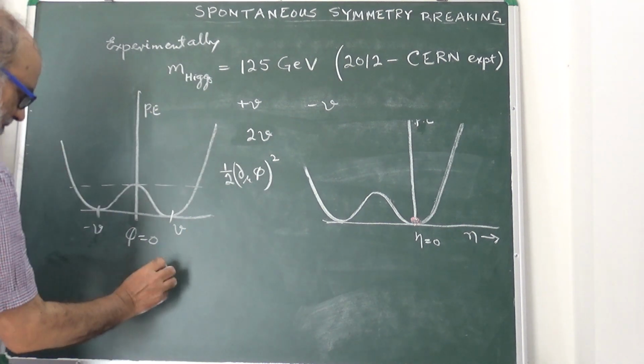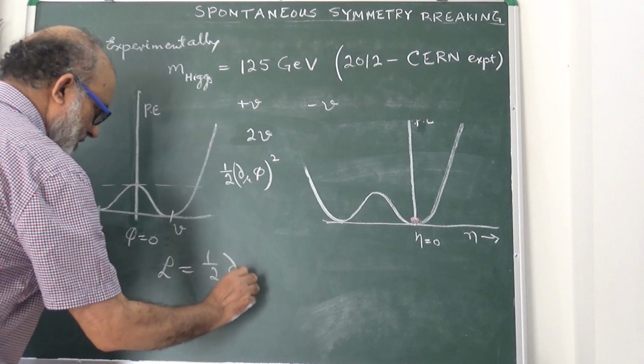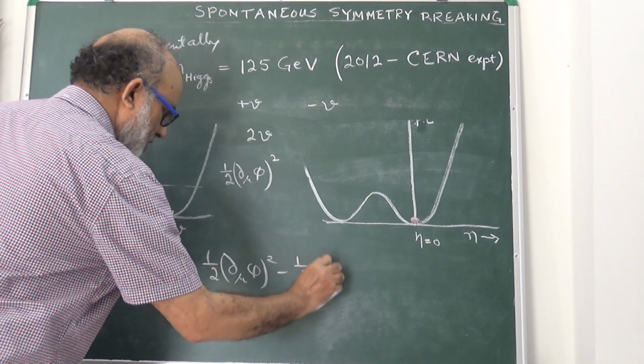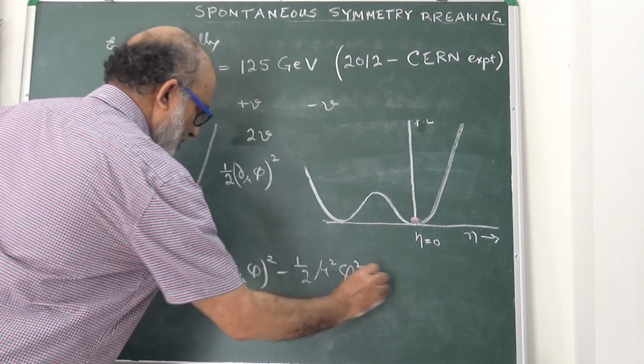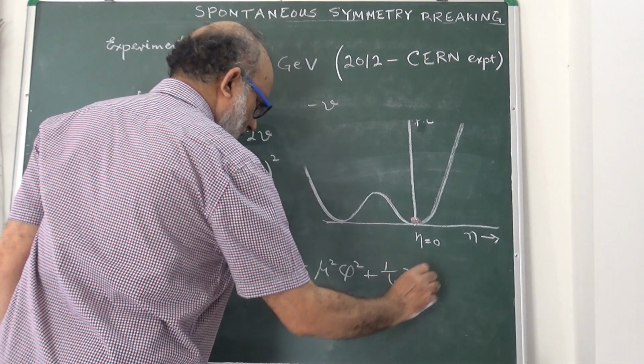Because in that case, the energy is the kinetic energy minus potential energy, plus 1 by 4 lambda phi to the fourth.